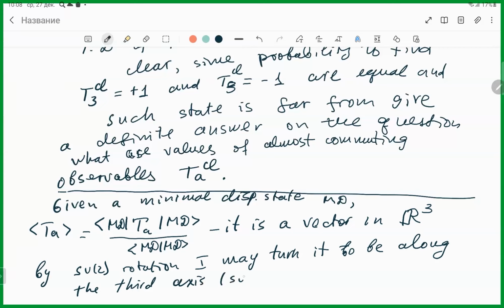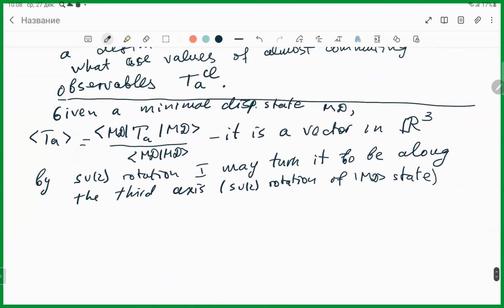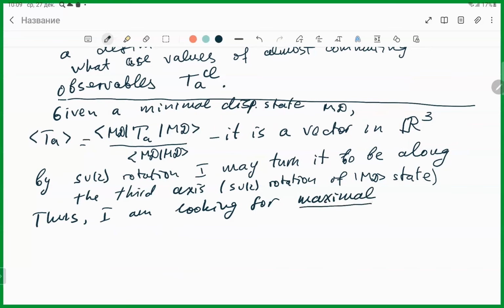I mean SU2 rotation of the MD state. Thus, I am looking for the maximal T3 average square.